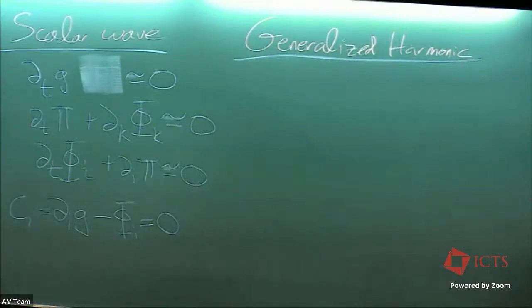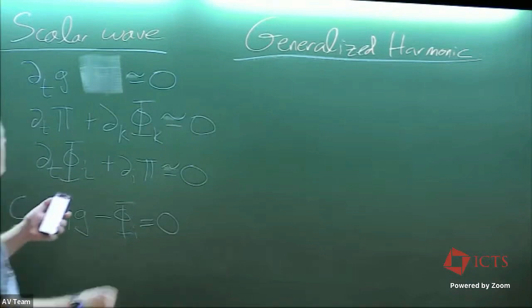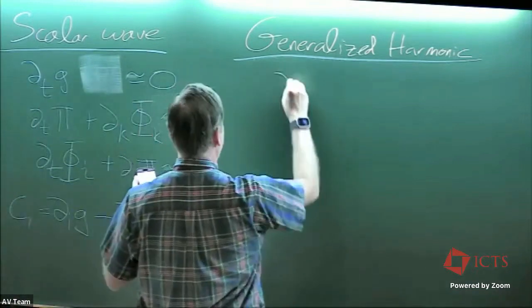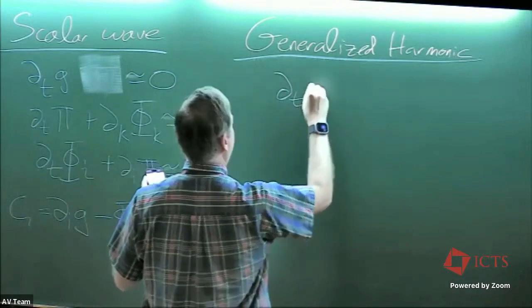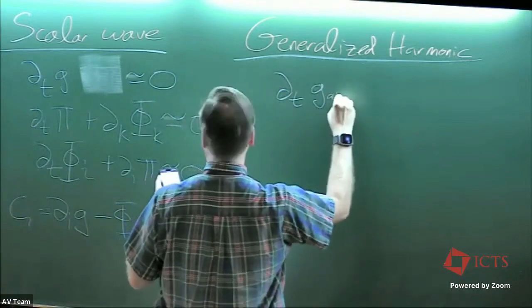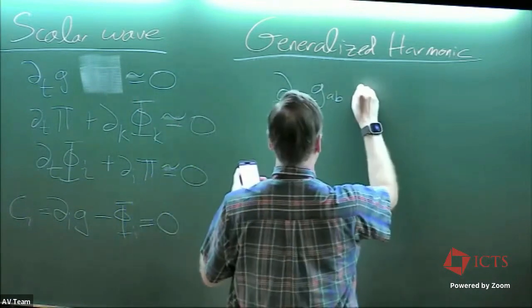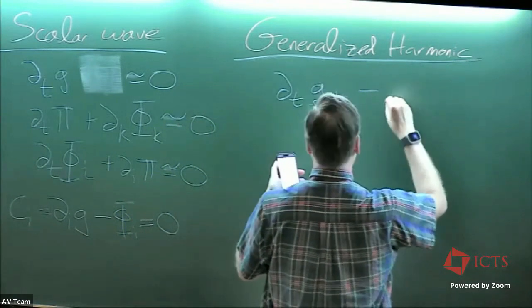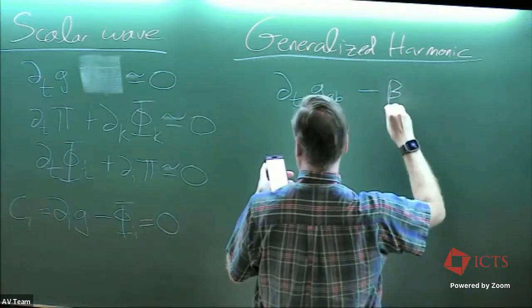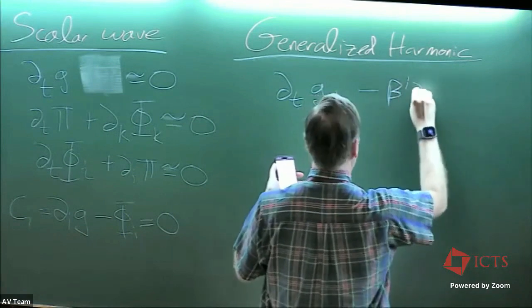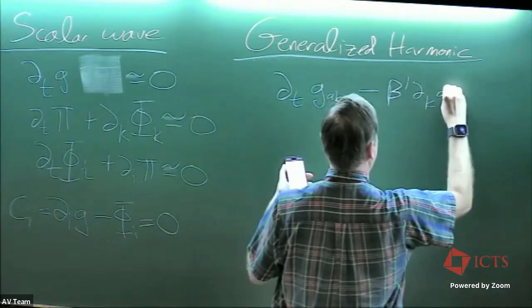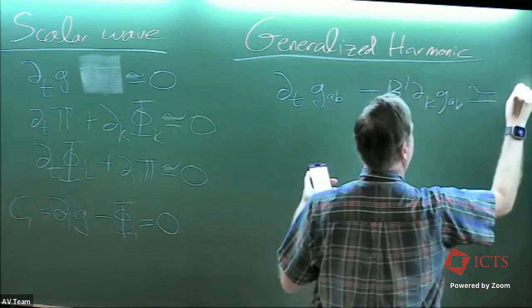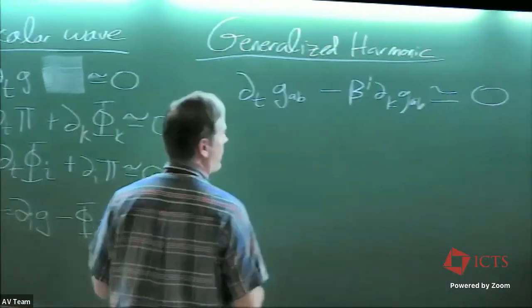This is the formulation that we use in SpEC and SpECTRE, and it has some nice similarities with the scalar waves. So in particular, one equation is an equation for the spacetime metric g_ab, and then there's a term involving partial k g_ab. This is the principal part for the spacetime metric.